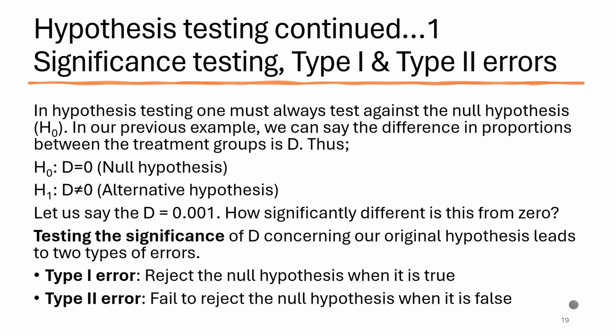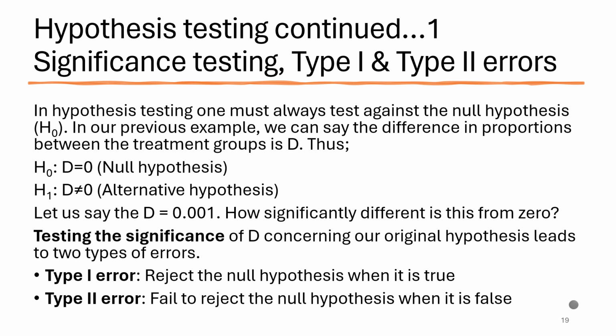Now, for significance testing, what we try to do is to find out how significant this difference is from 0, right? And when you're doing significance testing, you can potentially run into two errors, right? The first error is the type 1 error.